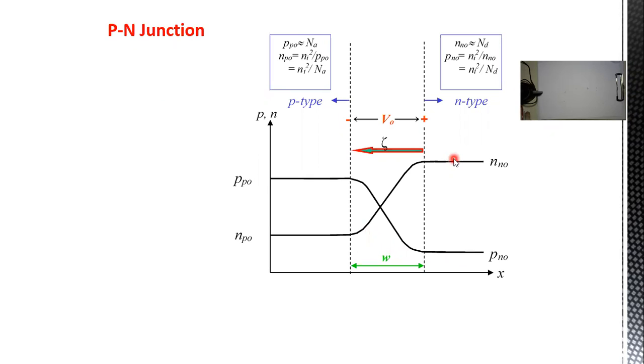Again, another interesting point. If I gave you this graph and I told you, please identify the region at which the junction is behaving like an intrinsic material. So this is the point. Can you see it? Why? At this point, n equals p.